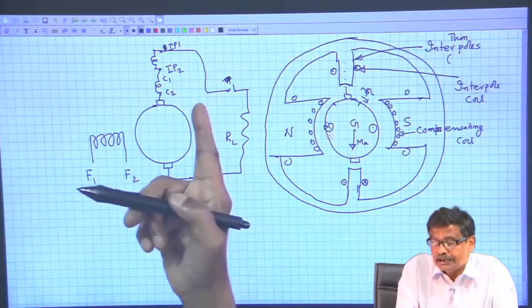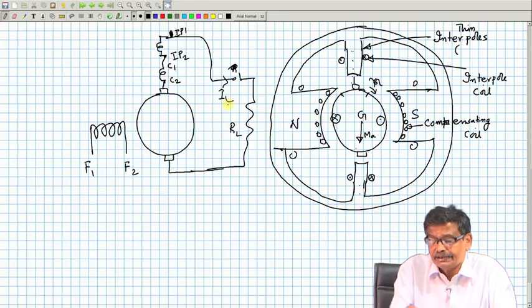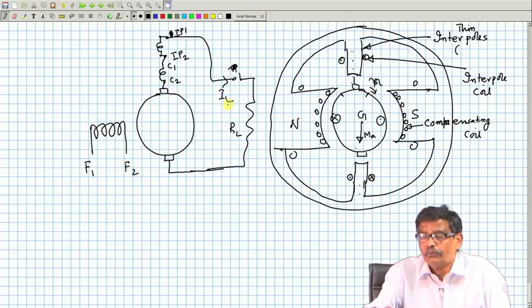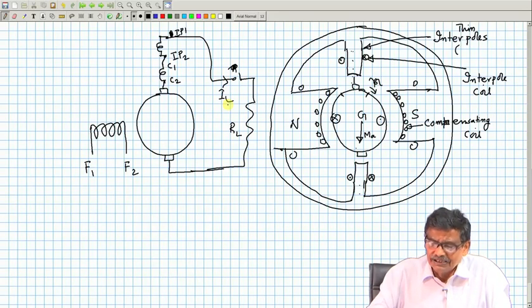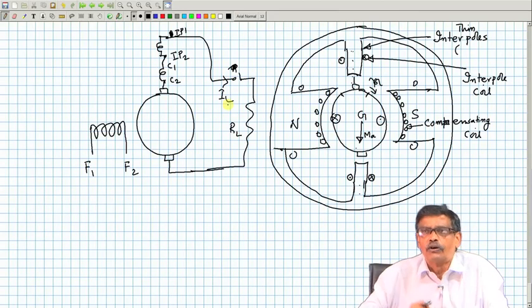That is why you have made it dependent on the load current, so that it can compensate for all the currents. Of course, I have not told how to calculate the number of turns of interpoles, compensating coil, etc. If possible, I will tell you, but the physical reasoning is very important. Then only you go for computation.